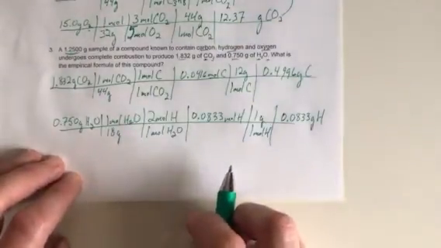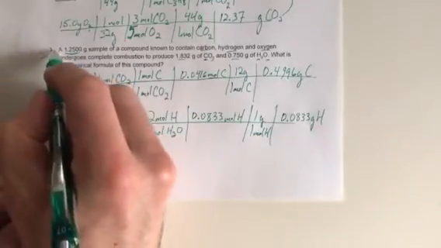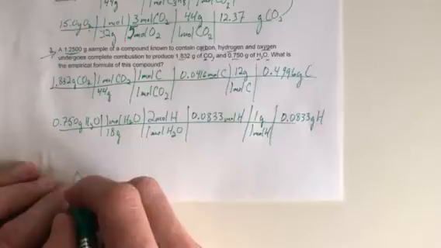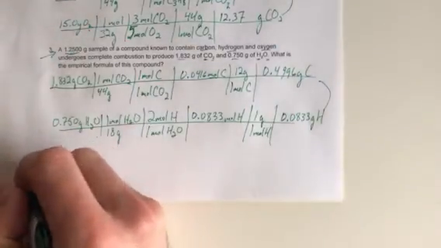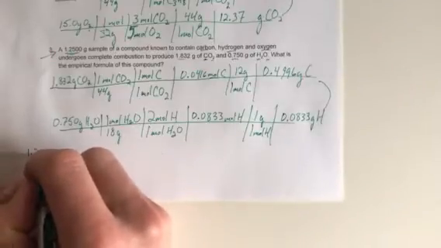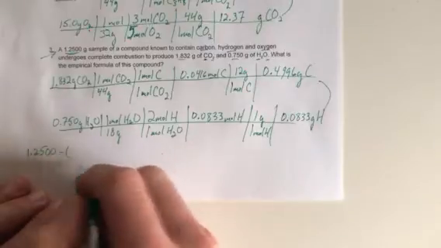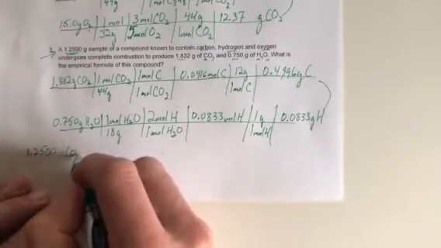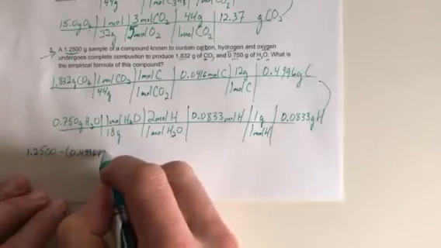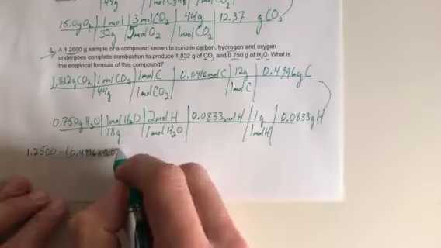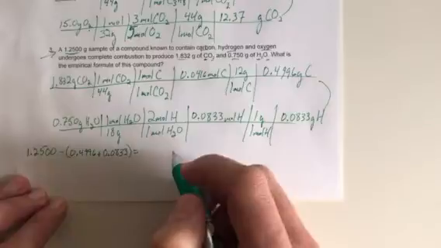All right, so now that we have the grams of hydrogen and the grams of carbon, we need to look at the difference between our sample, the 1.2500, and these 2 masses. So we set up a quick problem here, and we say 1.2500 minus the sum of the mass of the carbon, 0.4996, plus the mass of the hydrogen, 0.0833, and we're going to solve.